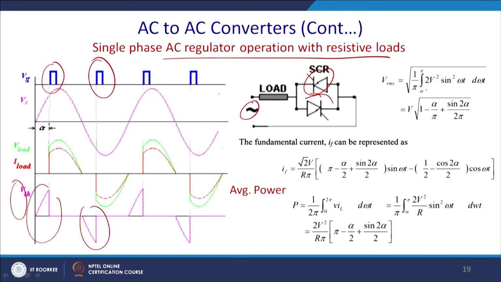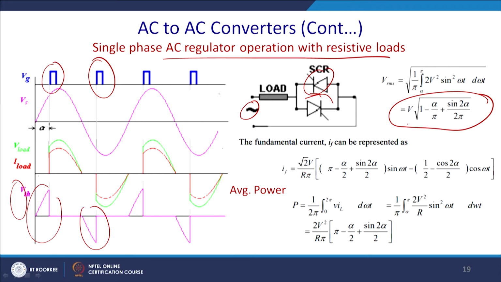So, what should be the RMS value of this voltage? You can integrate over it, 1 by pi, 0 to alpha, V square sin omega t d omega t, and essentially this will be the RMS voltage of this AC to AC conversion with dual thyristors. And so, the fundamental current IF can be represented by IF equal to under root 2 V by R pi.